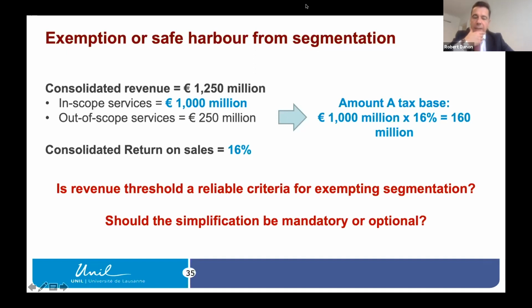One element that has emerged from our discussion is the complexity of the system, which is mitigated by various safe harbors, but still it's there. So I would start with two questions. The first question is, do you think that the Pillar 1 project overall is feasible? If so, under which condition?